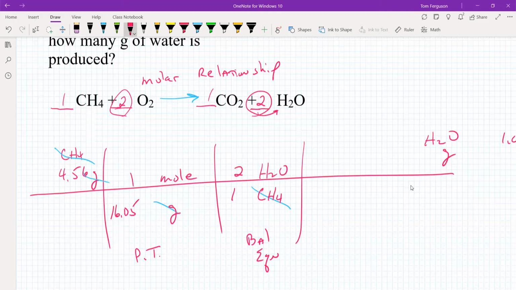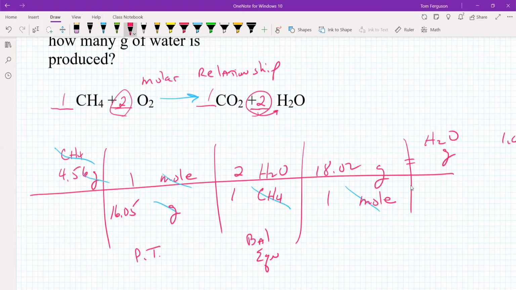Now, what this gives us is moles of water, if we cancel everything out. We want grams of water. So now we have to go from a mole to gram ratio for water. Okay. Moles have got to cancel. And 18.02 again for water.